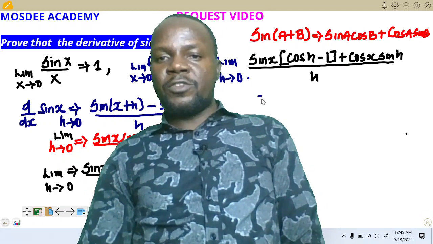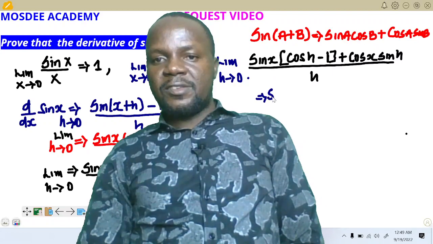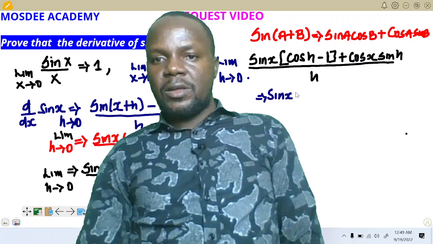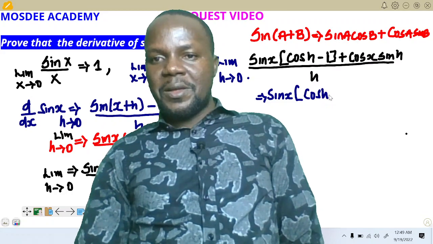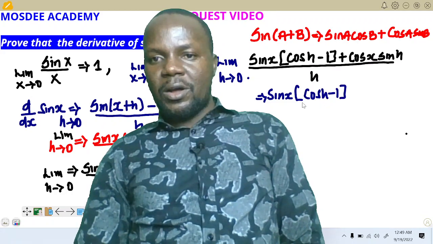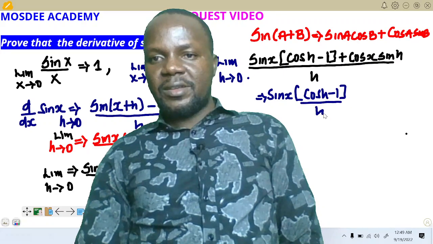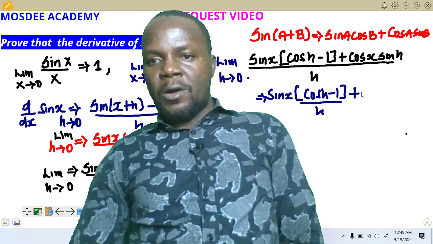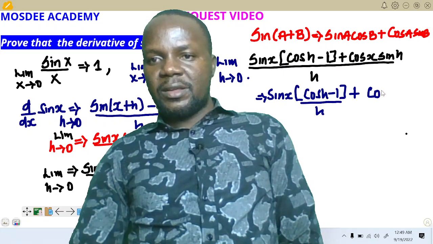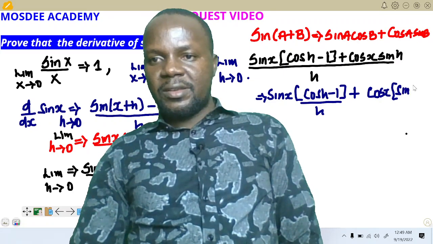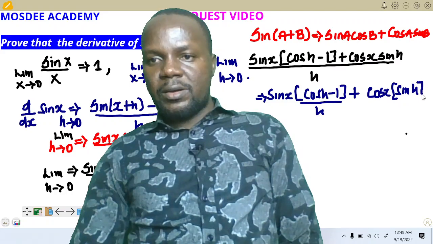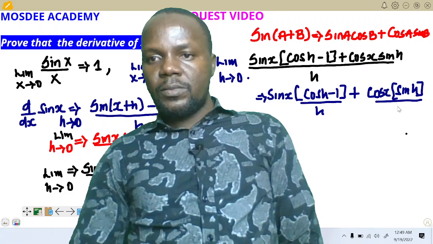So if I try to rearrange this one, simply I'm saying sine x, open bracket, can you see, cos h minus 1 all over h, then plus, I hope you can see, cos x, there you have sine h all over h.